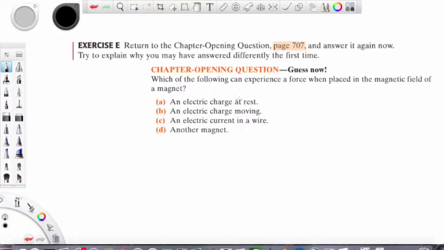That is not true, because for the magnetic force to have any effect on a charge, QVB, it has to have some velocity. So A doesn't work. An electric charge moving, yes. Electric current in a wire, yes. Electric current is movement of charge, so it's pretty much the same thing as the previous one.